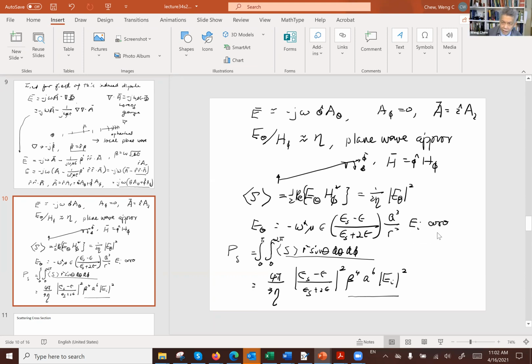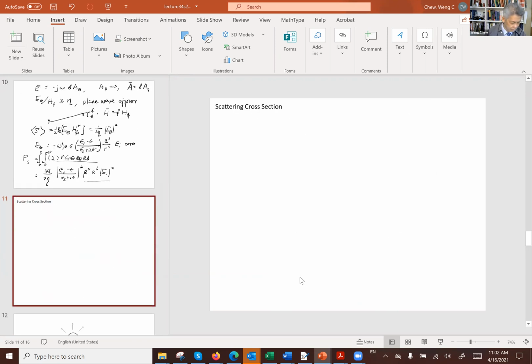The cosine theta will get integrated out because you have to square this quantity multiplied by sine theta, and then you can integrate that in closed form. This r square here will cancel this r square, and finally you have something that is independent of r. Then you can use this to define what we call the scattering cross section.